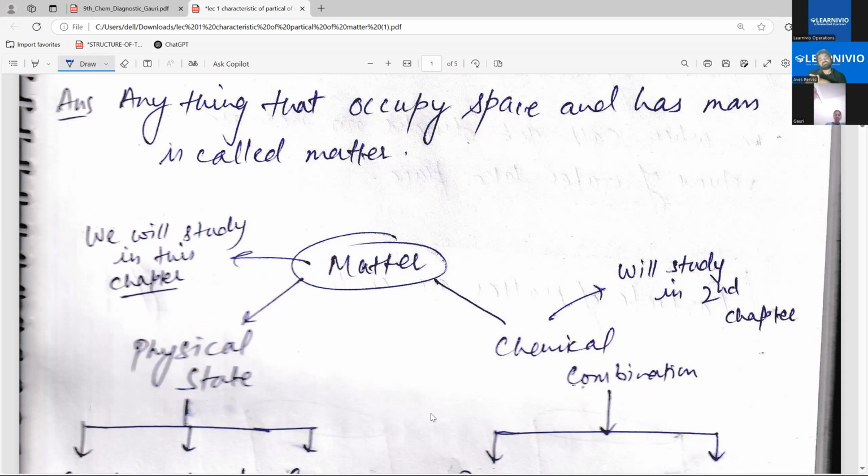So this is how we can categorize the same thing into different patterns by just changing the basis, the criteria we are using. Are you getting my point?